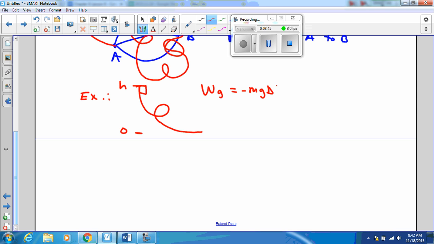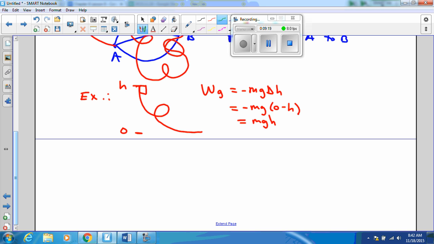The work done by gravity is equal to negative mg delta h. And since my delta h is 0 minus h, the work done is going to be equal to mgh. In other words, the exact same amount of work is done by gravity as if the coaster just dropped. Because work is path independent.